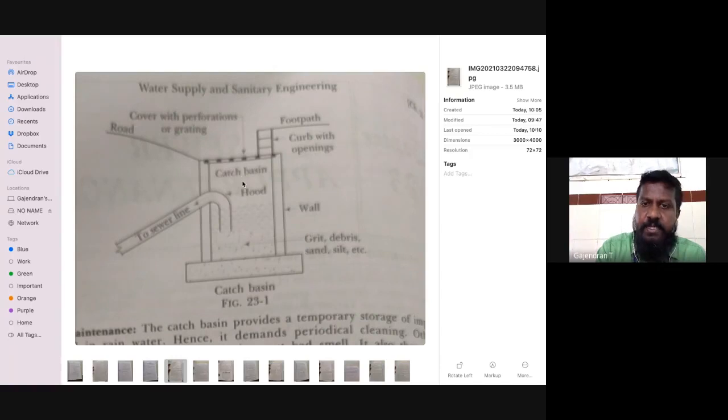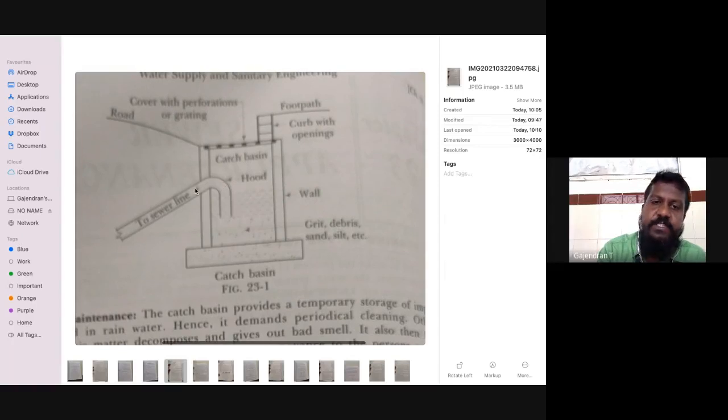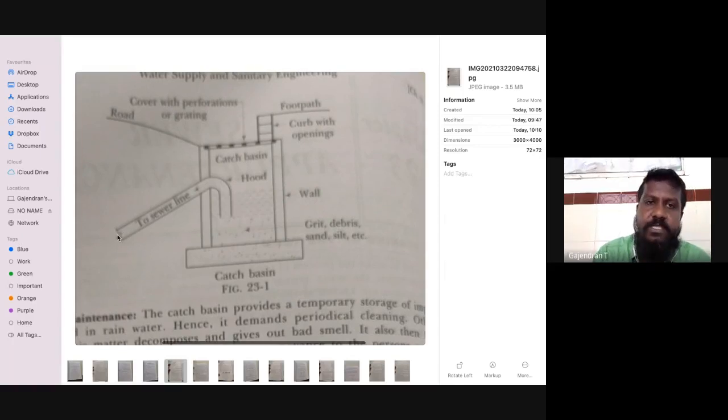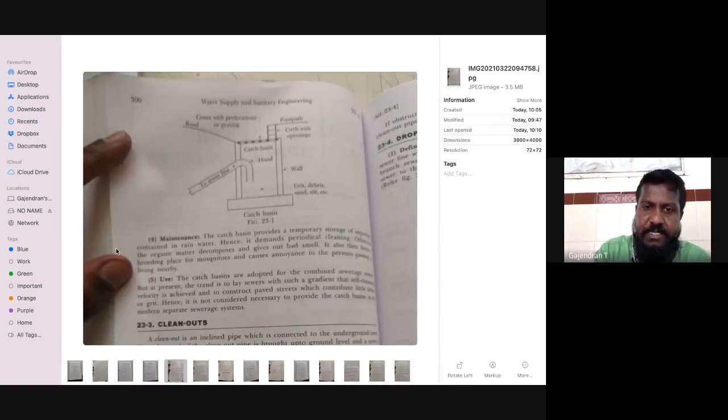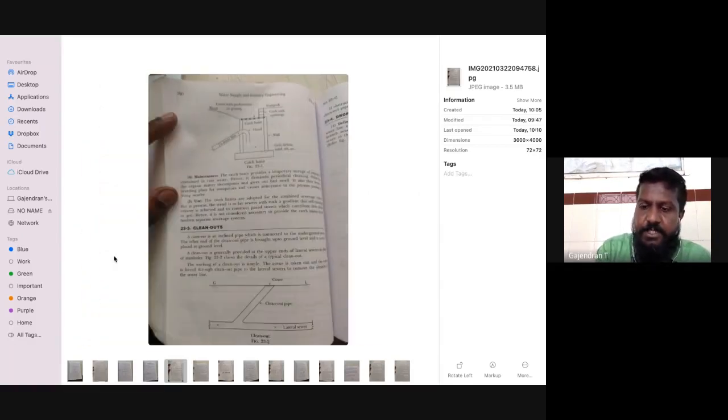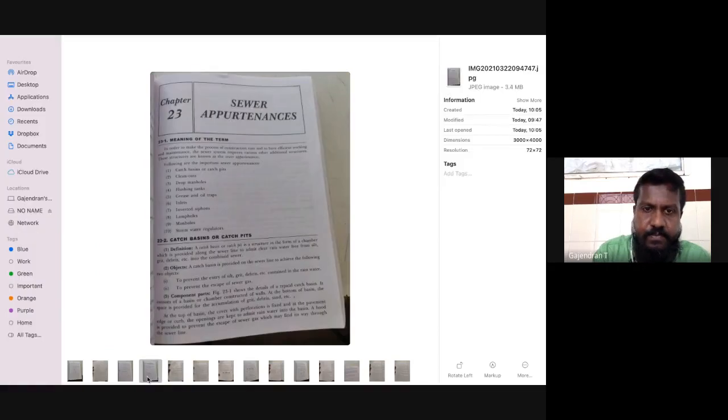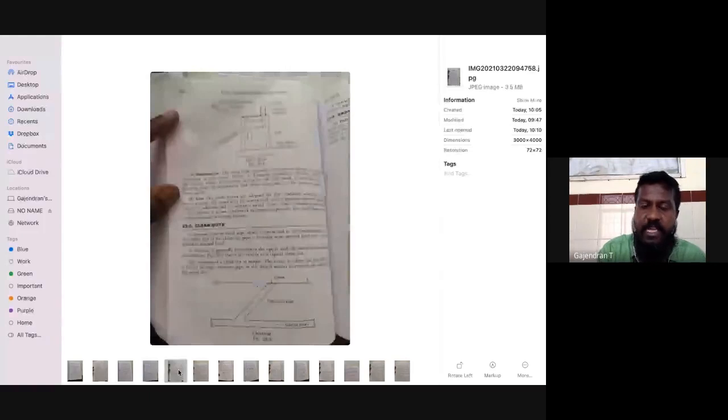It comes in at the top, and the grit, small stones or debris settle down at the bottom, and only after that does the liquid part go into the sewer line. So this is with respect to the catch basin. There are other descriptions given here regarding the components. You have a reading about it, that should be good enough.